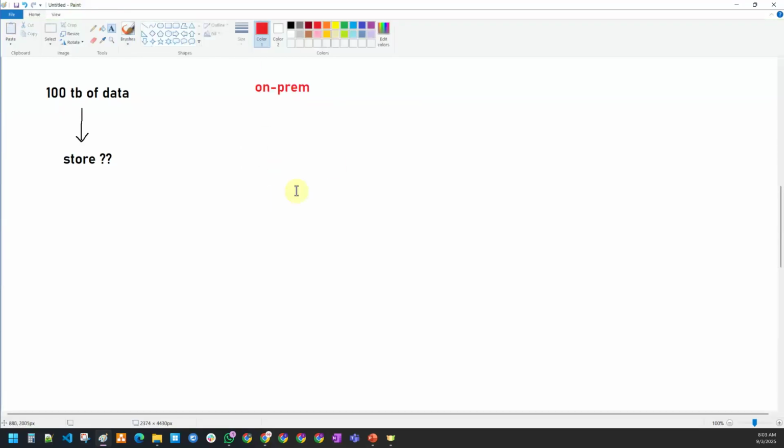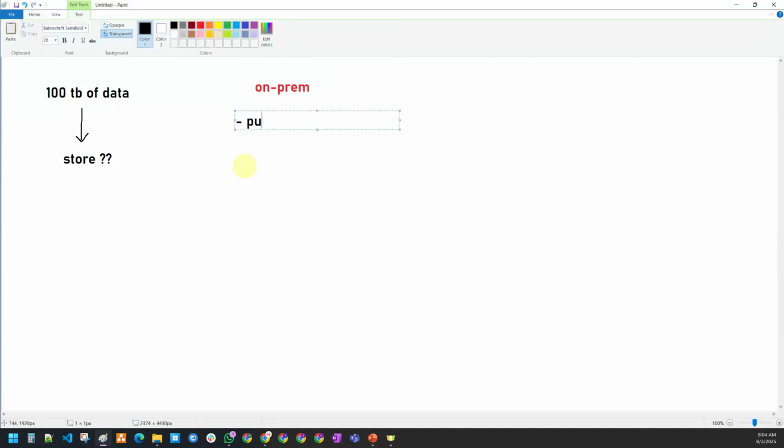Exactly. So if I wanted to store 100 terabytes of data, I have to store it on my local machines. If I have to store it on my own, the very first thing is that you first purchase the machines, yes or no? Nothing but purchase the hardware.